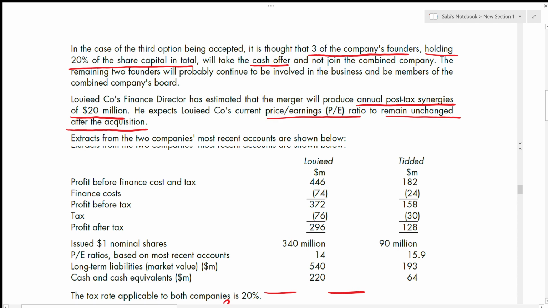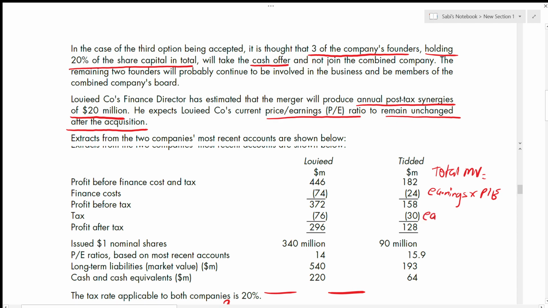What is the formula for total market value? Total market value, if you have to find out, that is your earnings, right, multiplied by your PE ratio. This is your total market value, right?